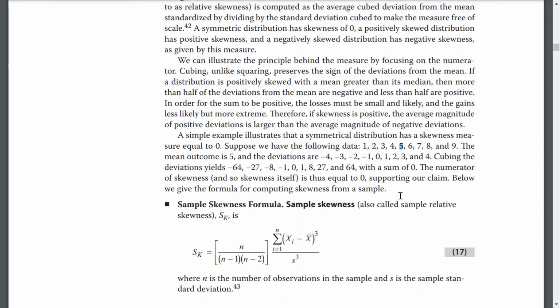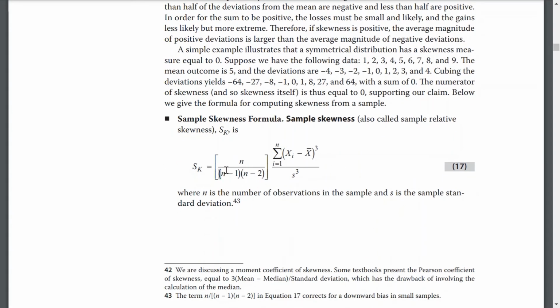Supporting our claim, we give a formula for computing skewness from a sample. Damn, that's a nasty equation. Okay. Here's the skewness formula, the sample skewness, also called the relative skewness, where n is the number of observations in a sample and s is the sample standard deviation.